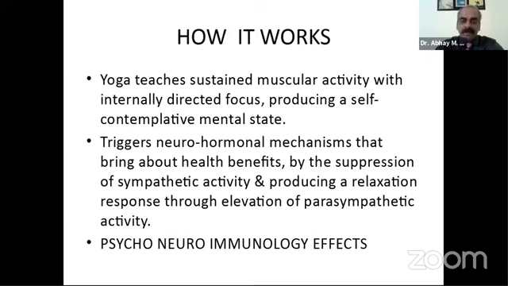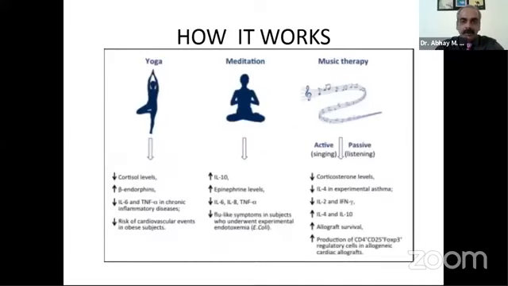These can be balanced by the practice of regular yogic practices. Now, how it works again: yoga brings down the cortisol level, the beta endorphins are increased, there is a decrease in interleukin 6 and TNF alpha in chronic inflammatory diseases, and the risk of cardiovascular events in obese subjects is decreased. Meditation also helps in improving these immunity factors.